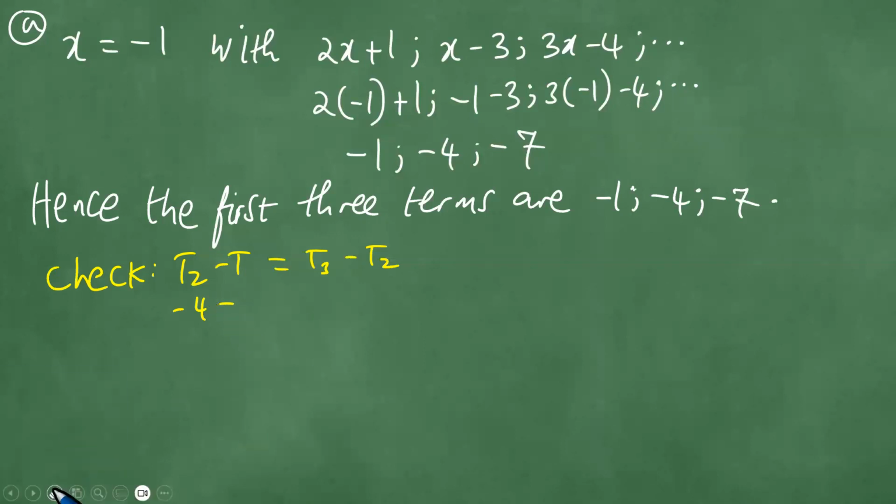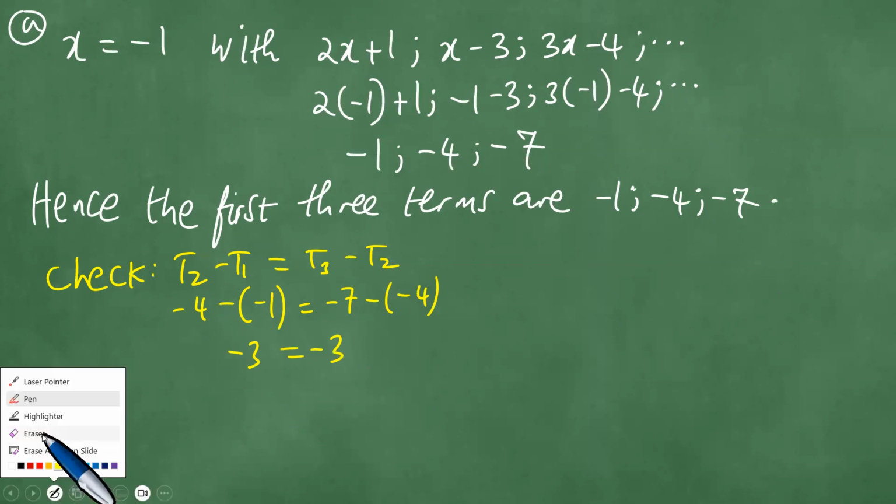T2 is -4, T1 is -1, which means you have -4 plus 1, which is -3. And T3 is -7 minus T2, which is -4, so -7 plus 4, which is also -3.